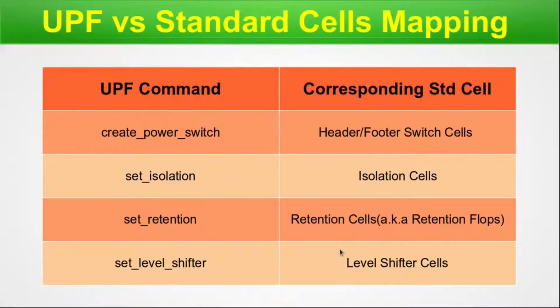Now, if I sum up, all these 4 commands pick up one particular type of special standard cell from your standard cell design kit. And these are very, very important. So we will explore each of them one by one. And concurrently, we will correlate the command and the physical standard cell. So let's move on to the next slide.